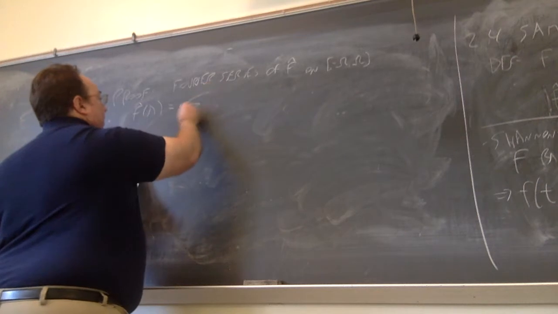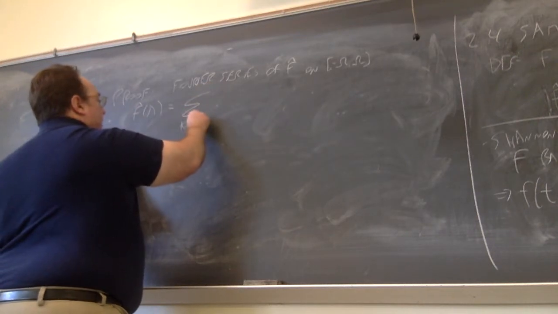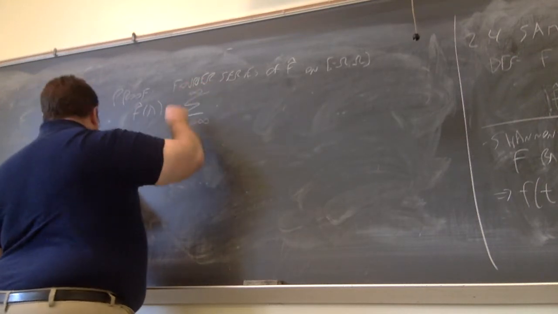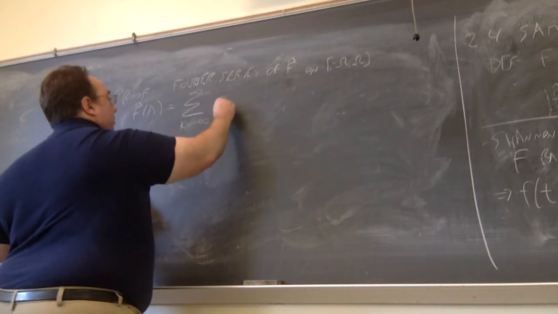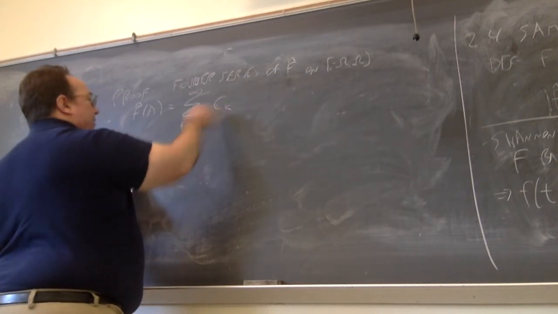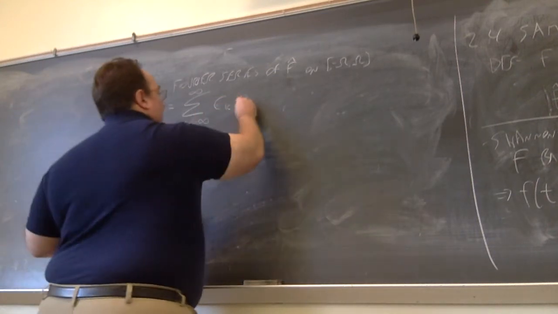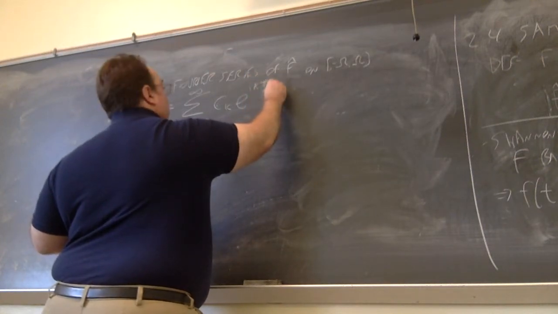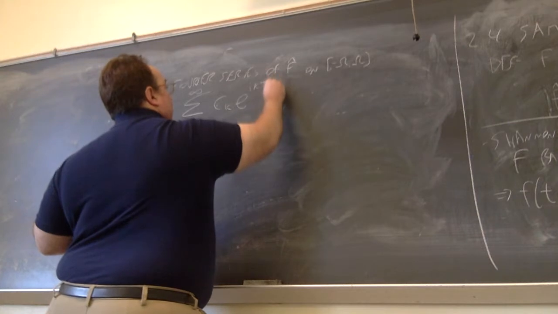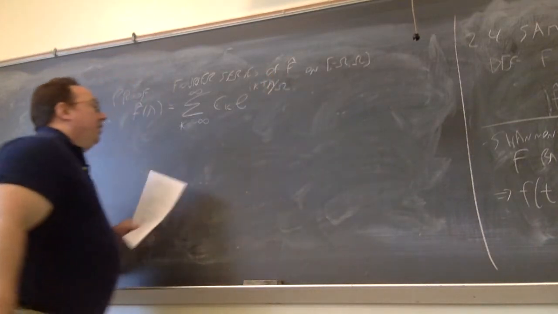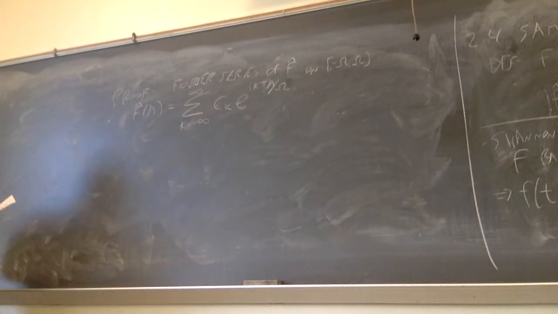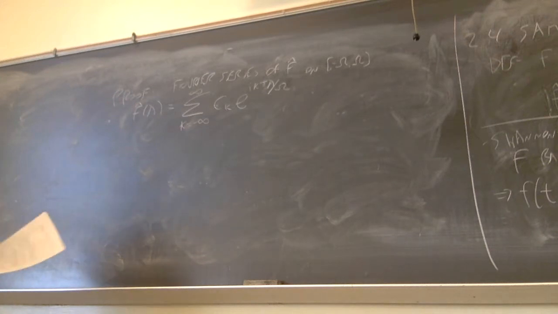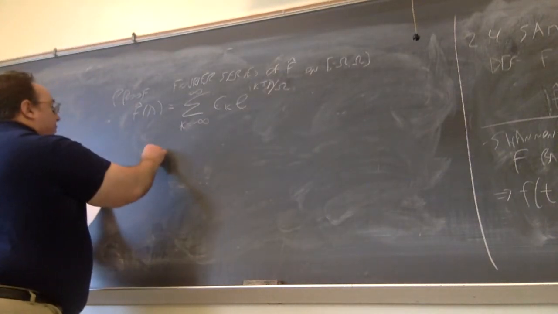So, and I'm going to use a complex Fourier series for convenience. So some coefficient c_k, which I used alpha before, but whatever. e to the i k pi lambda over omega. So that's just a general form of a Fourier series. And now I can write the Fourier coefficients.